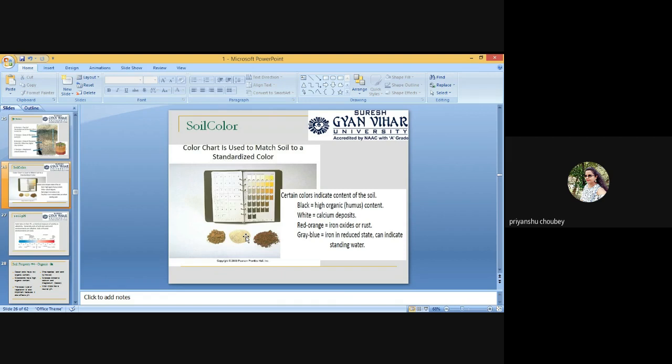Already we discussed that dark colored soil absorbs more solar radiation and warms faster than the light colored soil. Soil color is also used for soil classification and interpretation of description of the soil profile. The presence of excessive salts, erosion, etc., can also be easily identified from the soil color.